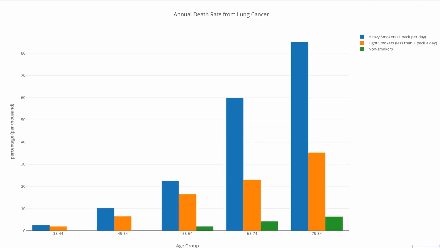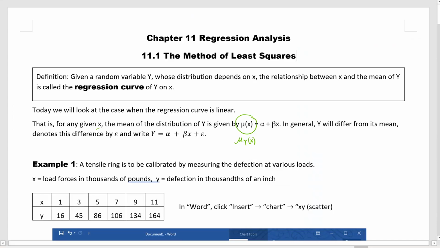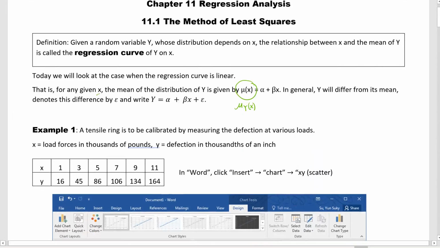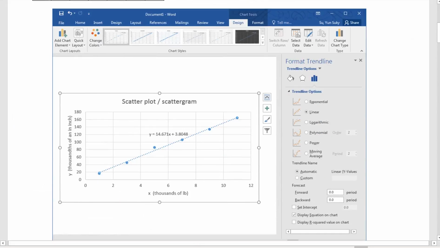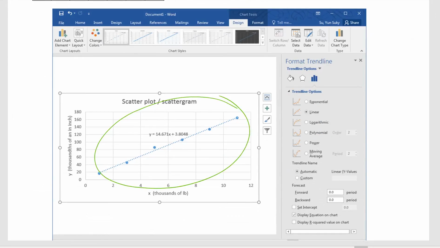So how do we find the best fitting line? If we have a set of data points, how do we find the best fitting line? We want to find the best fitting line such that the errors, these here, are such that the sum of the squared errors is the smallest.